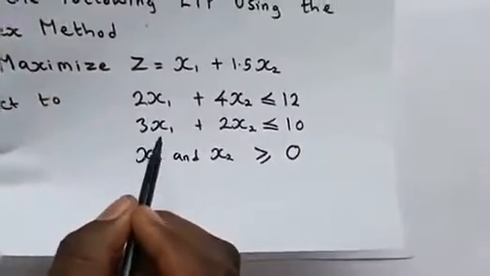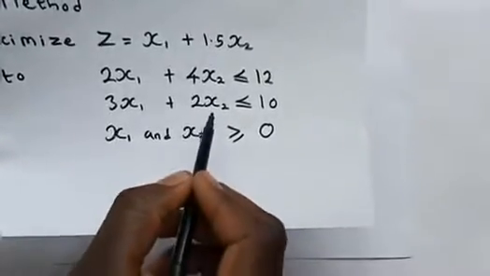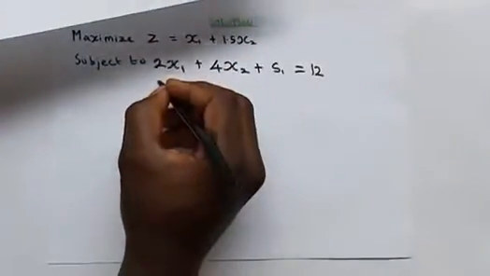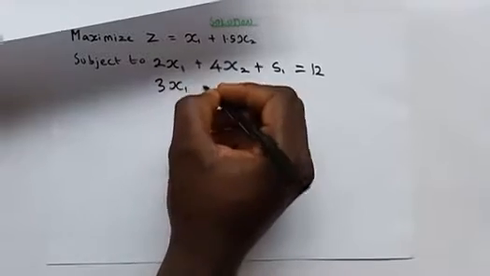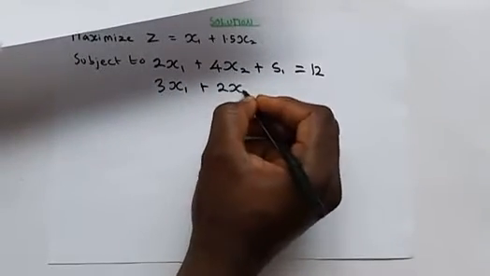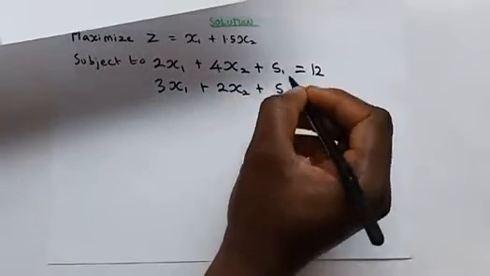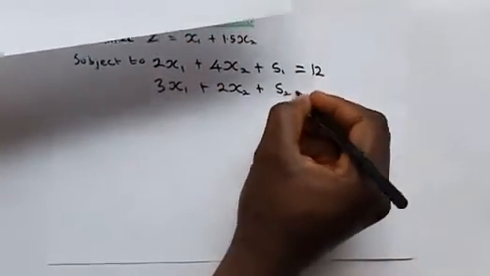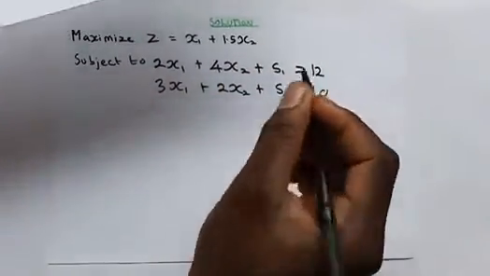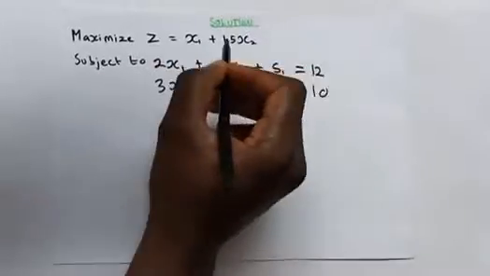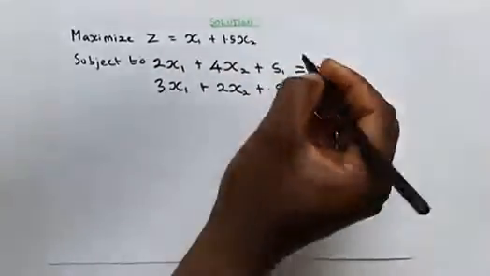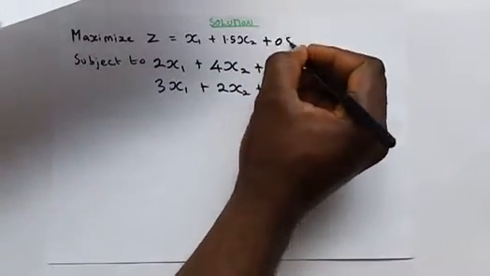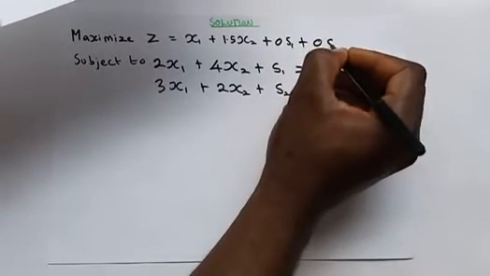And for the equation of the second constraint, 3x1 plus 2x2, you add s2. So here is 3x1 plus 2x2 plus the second slack variable s2 is equal to 10. So add s1 and s2 to the objective function with the coefficient of 0. So here you add plus 0s1 plus 0s2.